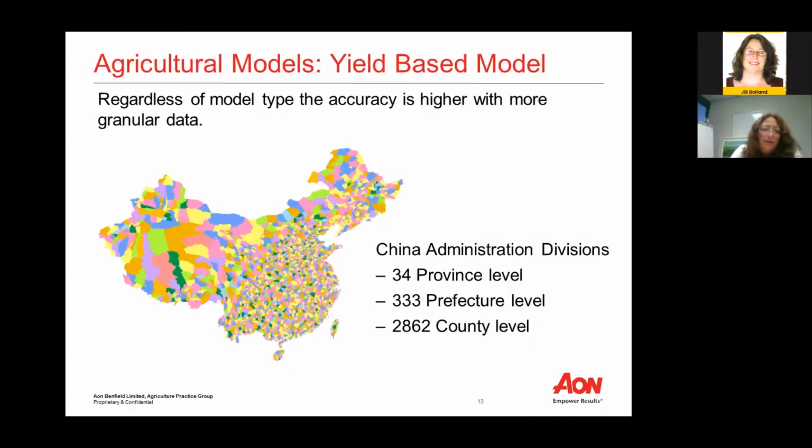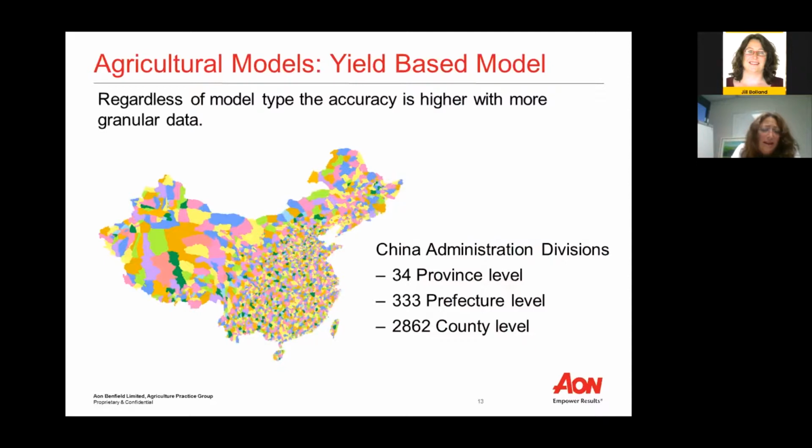One thing to remember is that all models are totally dependent on the data that you have. Particularly for agriculture modelling, you tend to have data at particular levels. This is just a picture of China showing the different administration levels. There are 34 provinces in China.